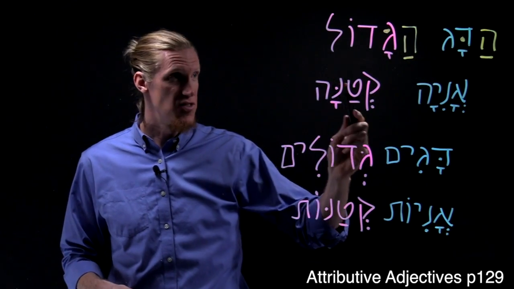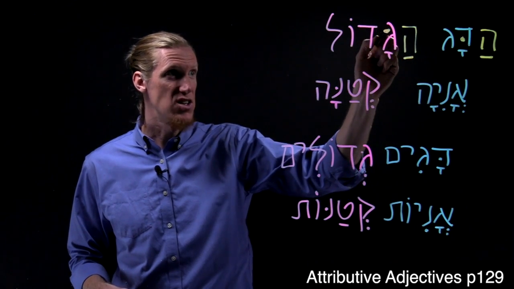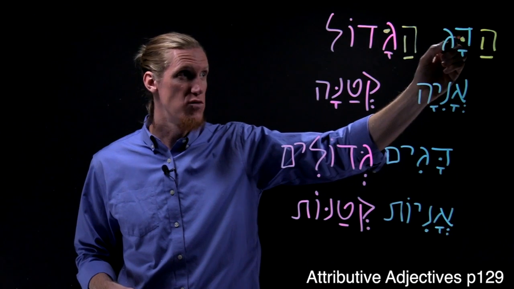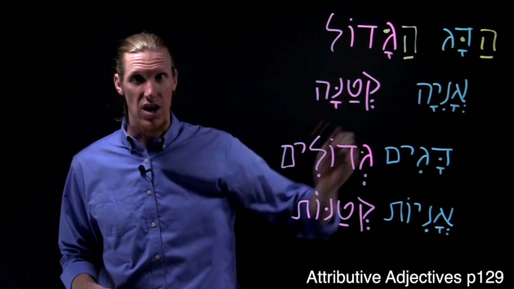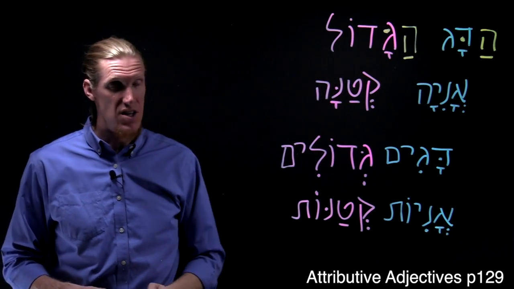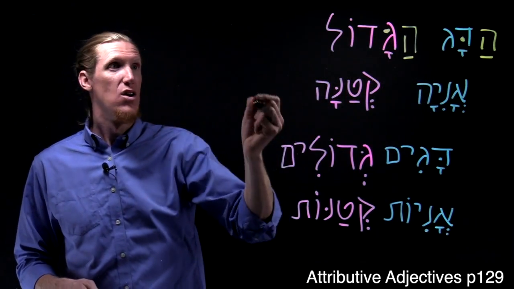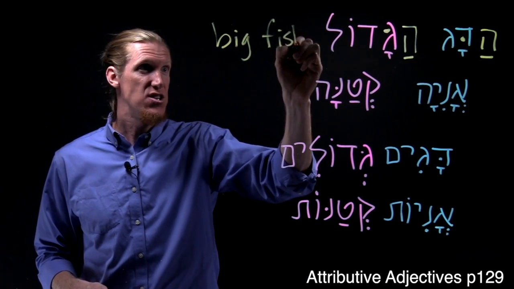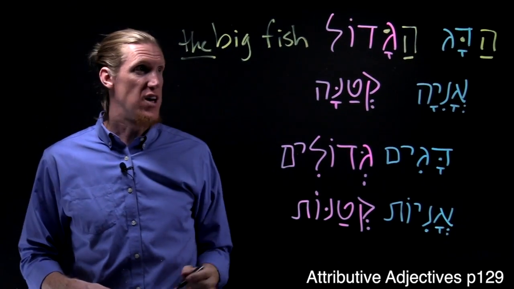So again, the definite article is hey, followed by a patach with a dagesh forte in the next letter. That's the sign of the definite article. So hadag hagadol would not be just big fish, but the big fish.